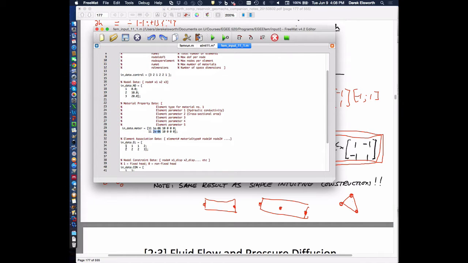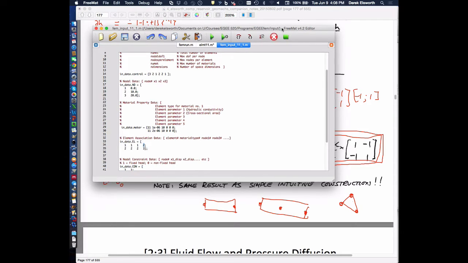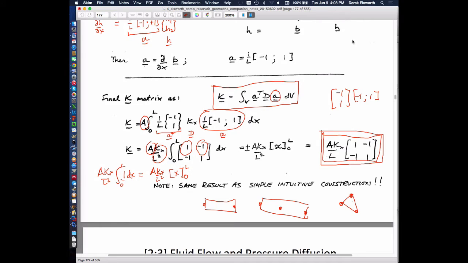Element number 1 has material number 1, which is this one, which is the downstream element. The left-hand node is node 1. The central node in the system is node 2, if you remember. I guess I could draw things behind, right? I can move this over here. Remember, it looked exactly like this. This was node 1, node 2, node 3, if you recall.